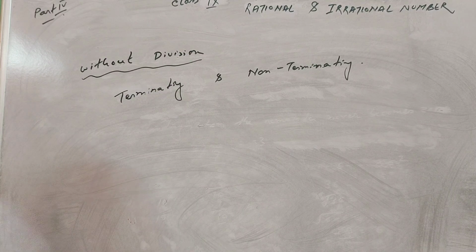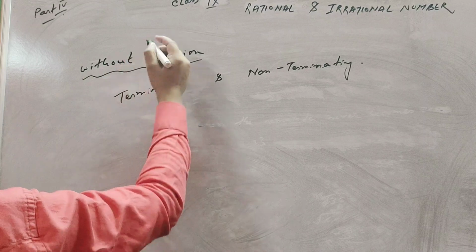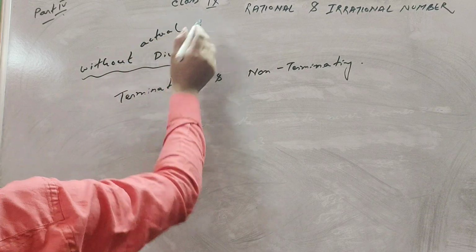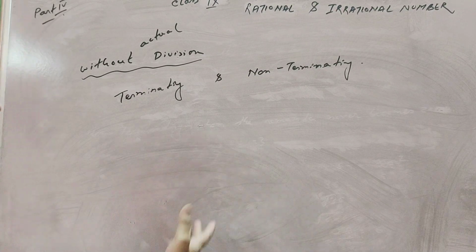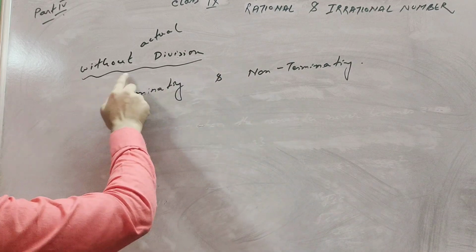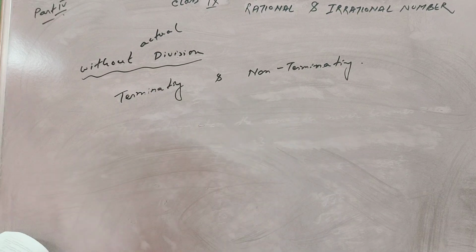Whenever the question comes without actual division, firstly we see that after division, when the remainder becomes 0, it is terminating, and when the remainder never becomes 0, that is non-terminating. But the question comes without actual division, you find out which is terminating and which is non-terminating.